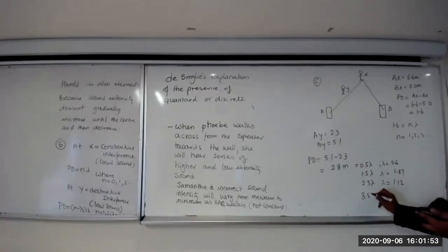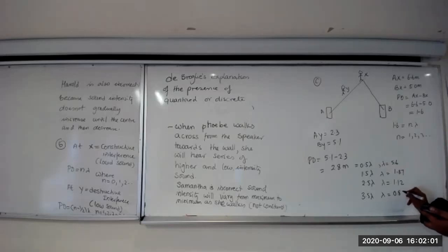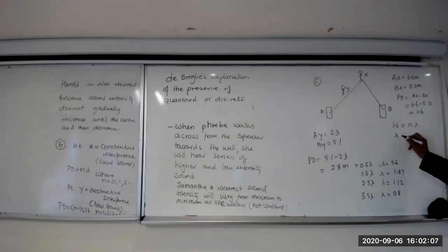Maybe get a bit more. 2.8 divided by 3.5, you get 0.8. So these are the few things. But in this situation, if I put n equals 1, the lambda could be 1.6. N equals 2, lambda could be 0.8.